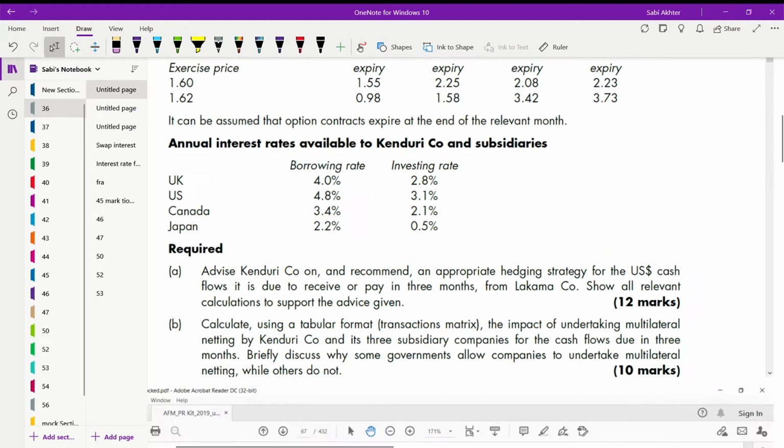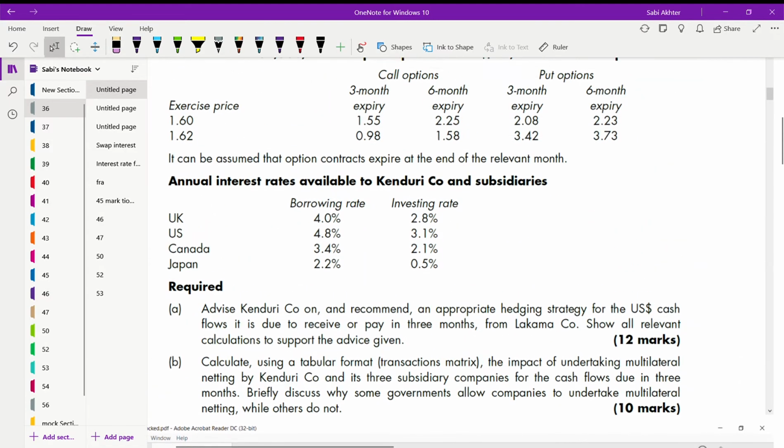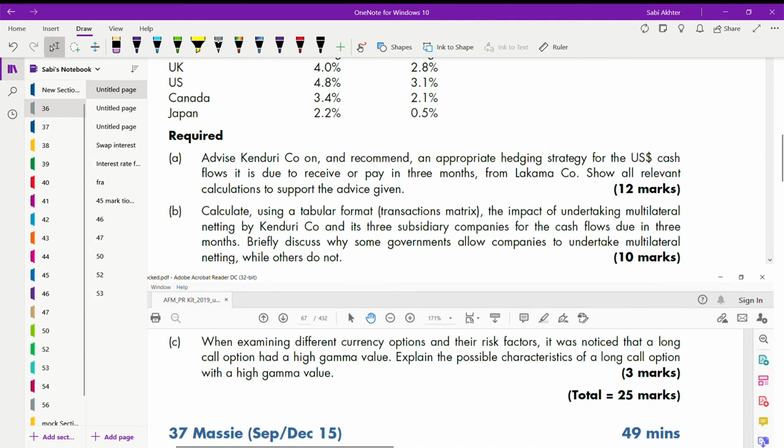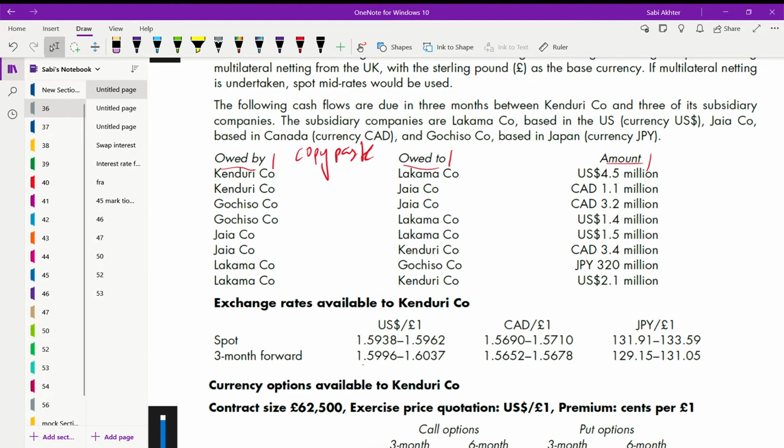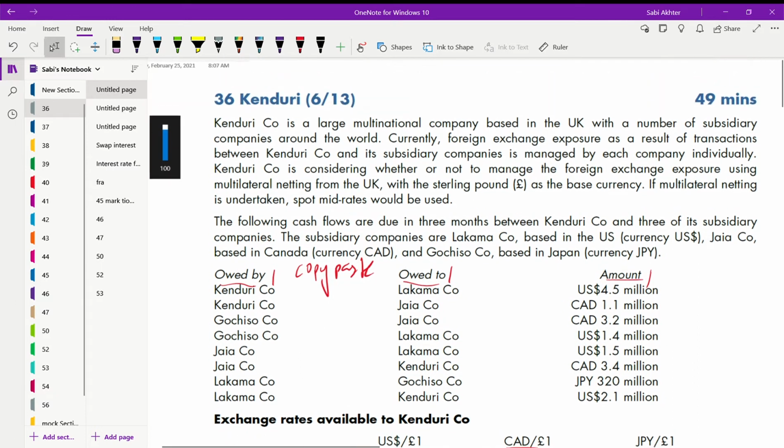So in this case, let us go to the requirement. Here they have given anything. Okay, so you just have to pick from the spot rate. Spot rate you have to decide and convert into what currency. You have to see at what currency you need to convert.